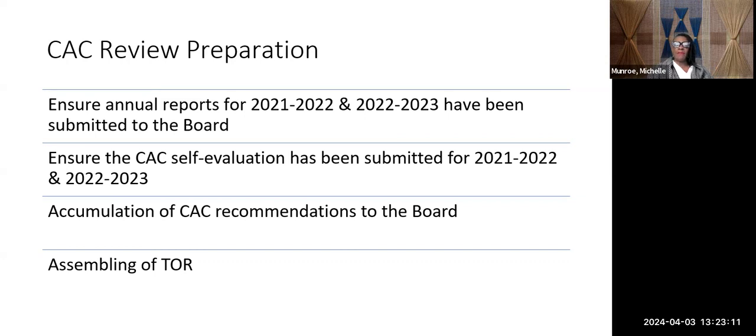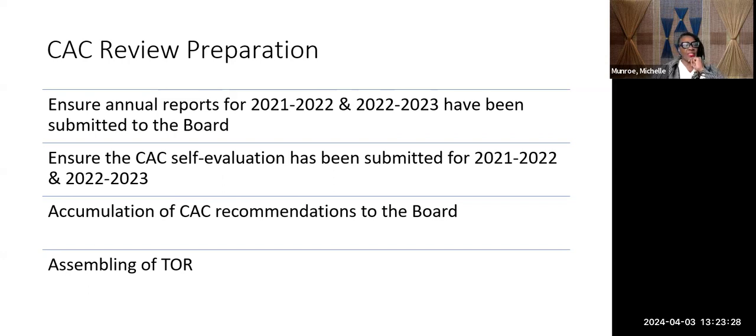The exact same thing goes for the self-evaluation and also the accumulation of CAC recommendations to the board and the assembling of the terms of reference. It's just re-emphasizing again that these are the key elements that will be looked at.